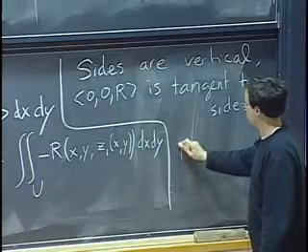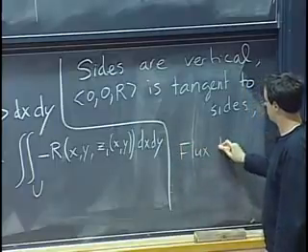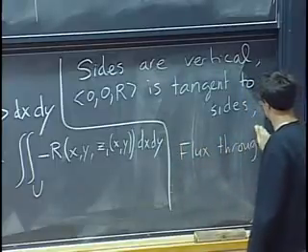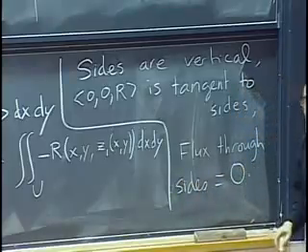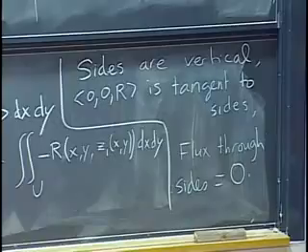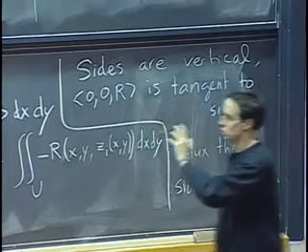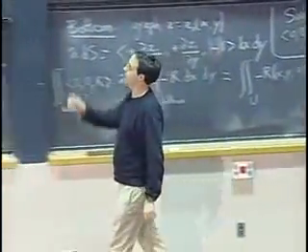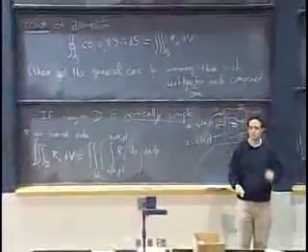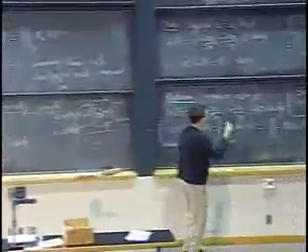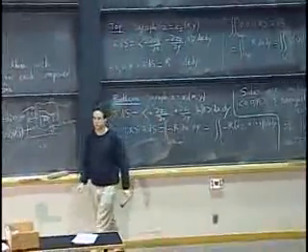And therefore, the flux through the sides is just going to be 0. Okay? No calculation needed. That's the reason why I simplified things first, so that my vector field would only have a z component. Well, not just that, but that's the main place where it becomes very useful.